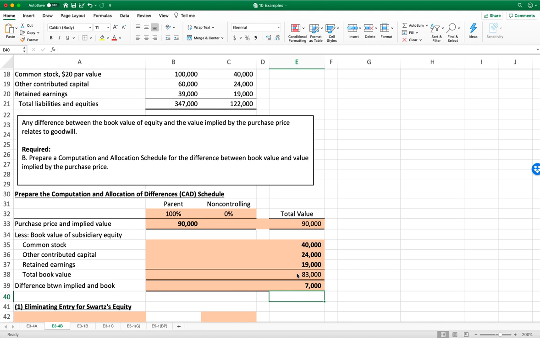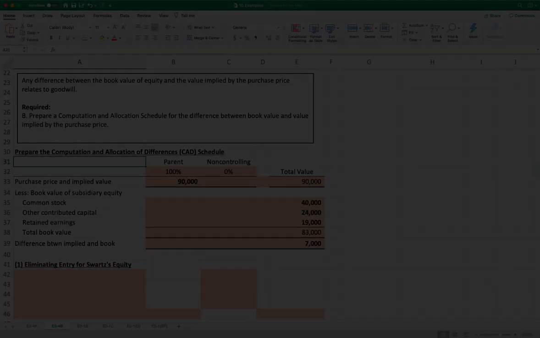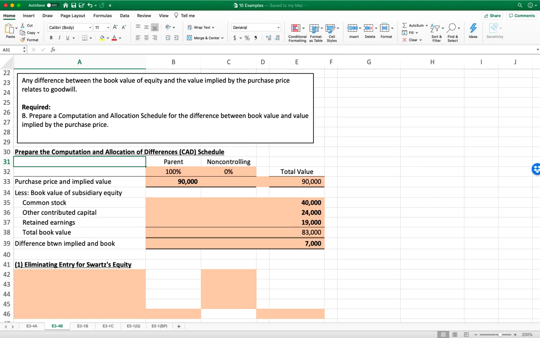So that's that fair value that we'd be willing to pay for in terms of net assets. Or we might believe that there is goodwill, or both. So we need them to tell us. And they told us that any difference between book value of equity and the value implied by the purchase price relates to goodwill.